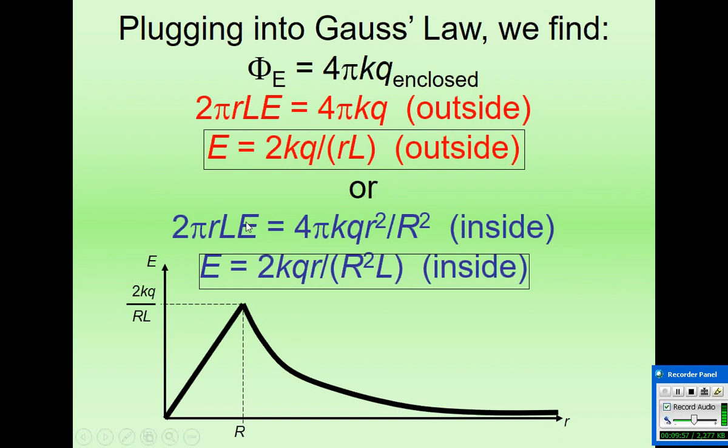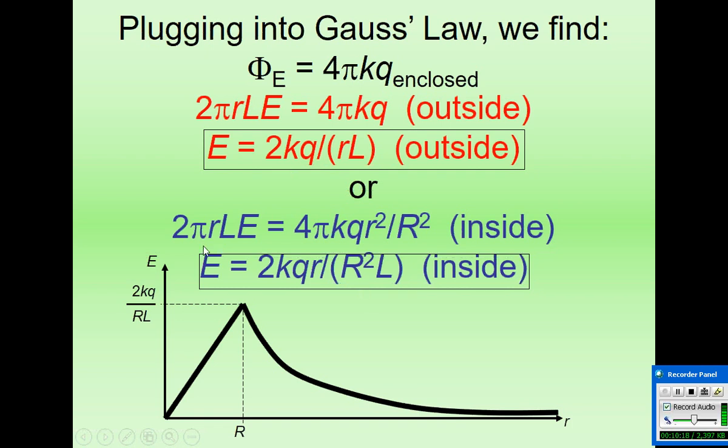We now want to solve to come up with an expression for the electric field strength, capital E. We play around with the algebra, and what we get is an expression for the electric field. It is equal to 2 times K times Q times little r over capital R squared times L.